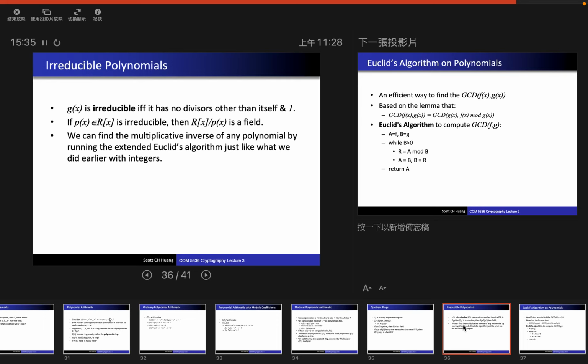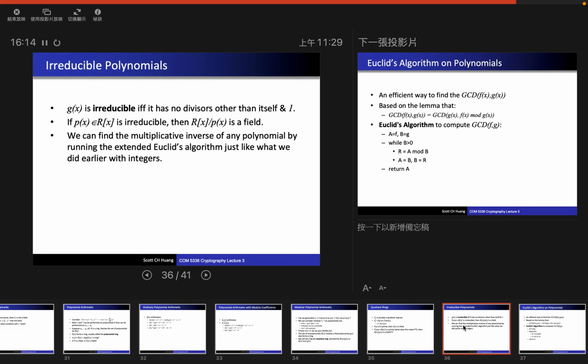A polynomial is irreducible if we cannot factorize it anymore. So it has no divisors other than itself. This concept is really important because it depends on the ground field we're talking about. Let's take a look. For example, x squared plus 1.